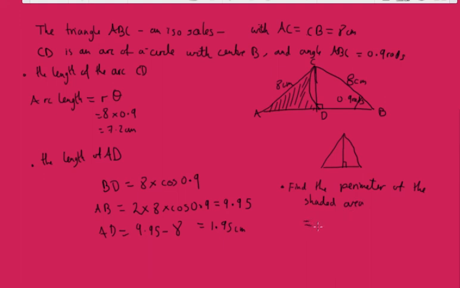So that's going to be equal to AD plus DC plus AC. AD is what we've just found, 1.95. DC is the arc length, which we've found up here, which is 7.2, and we know AC is 8. So that means the perimeter must be 17.1 centimetres. So I hope that helps.